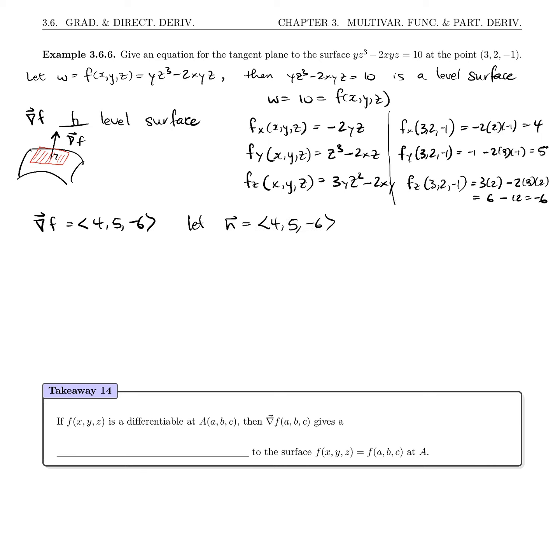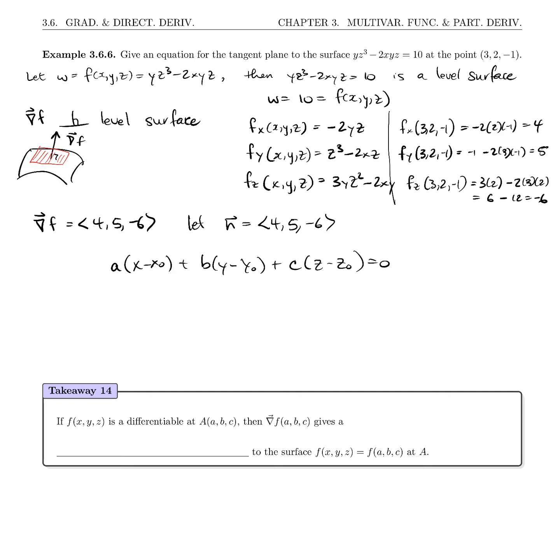All we need now is point-normal form of the plane, so our tangent plane will be a(x minus x0) plus b(y minus y0) plus c(z minus z0) equal to 0.